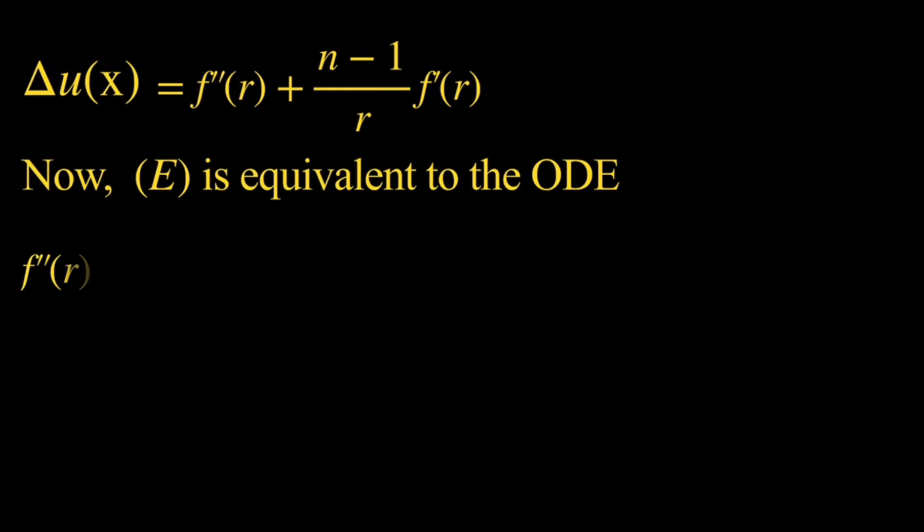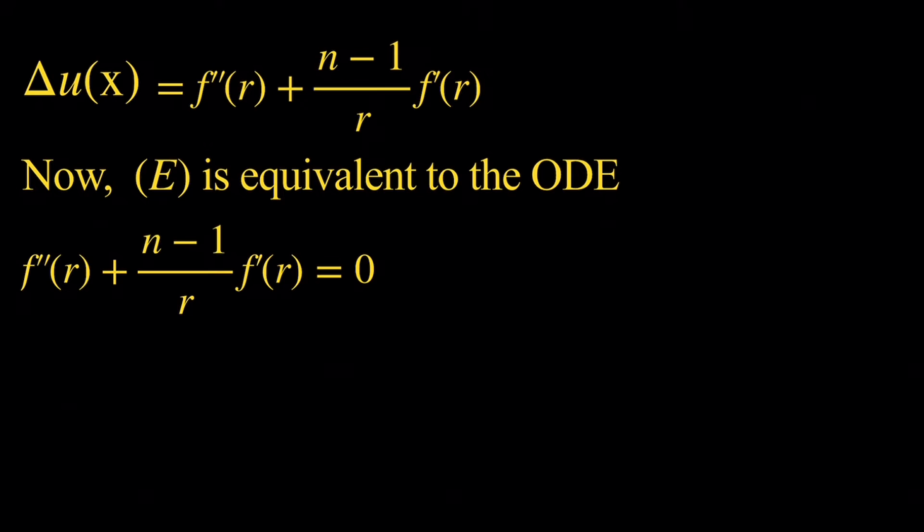Okay, so now we can see that the original PDE, the partial differential equation, the Laplace of u of x equals 0, is now equivalent to an ODE, because now we have a function of a single variable f that satisfies the following equation.